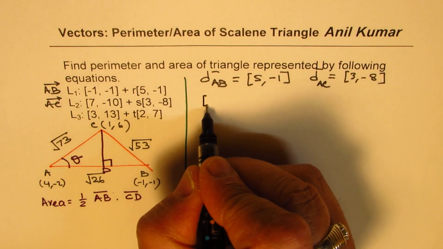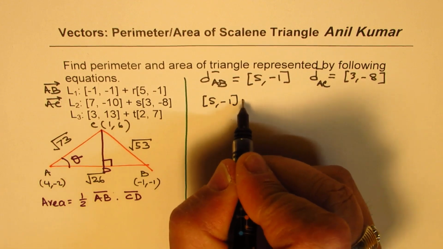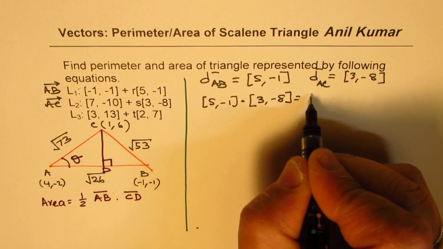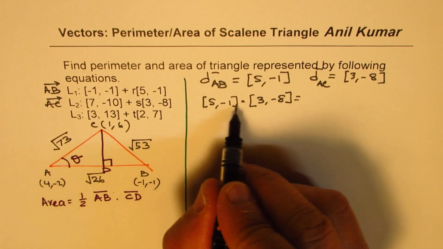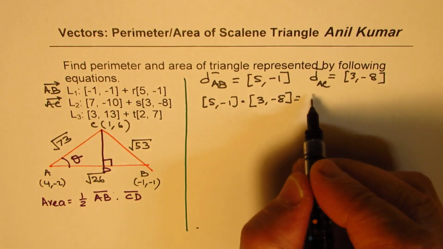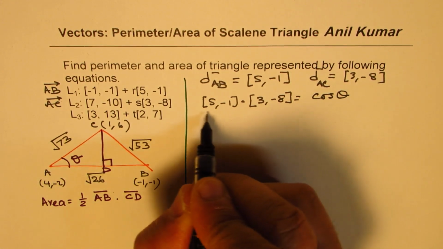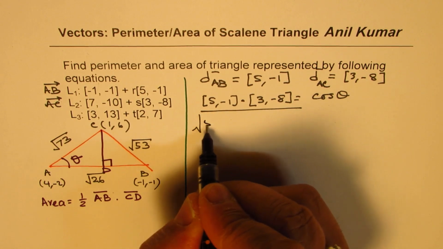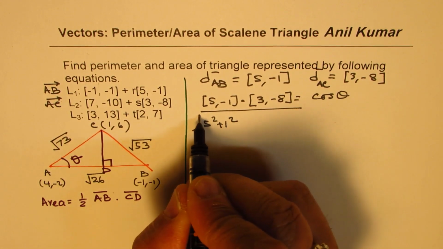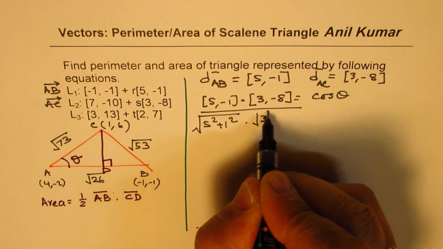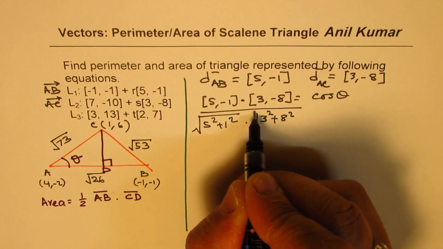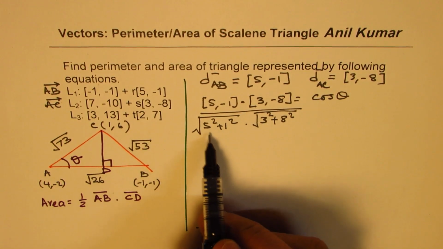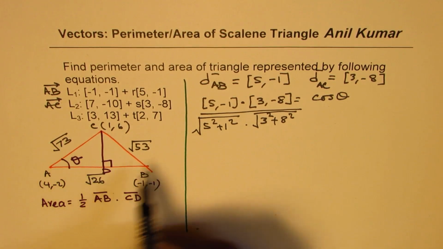So the dot product of (5, -1) with (3, -8) should be equal to the magnitudes times cos theta, or we can say cos of theta is equal to this dot product divided by the magnitudes, which is square root of (5 square plus 1 square) times square root of (3 square plus 8 square). Correct? So that becomes the cosine. We know these lengths are square root of 26 and square root of 73.